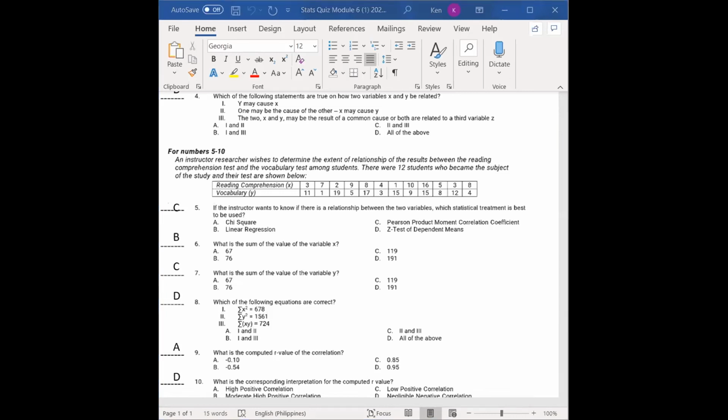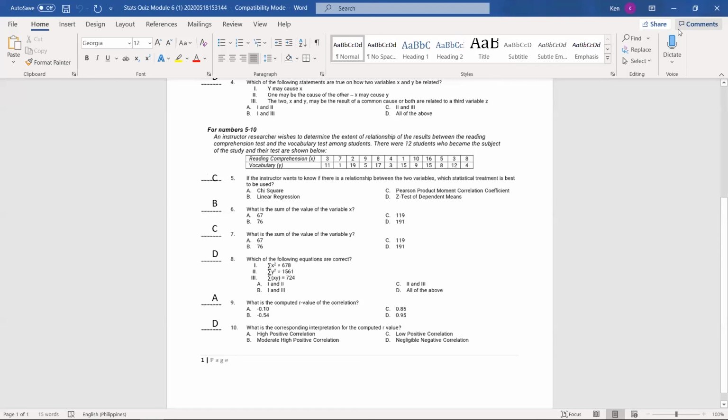Tapos, sa R calculation, ito yung formula. Yung R is summation of the quantity of X minus mean of X times Y minus mean of Y all over the square root of SS sub X times SS sub Y. So, R is equals to 29.67 kasi yun yung naging sagot dun sa X minus mean of X tapos Y minus mean of Y. Tapos, over square root of 196.67 times 380.917.